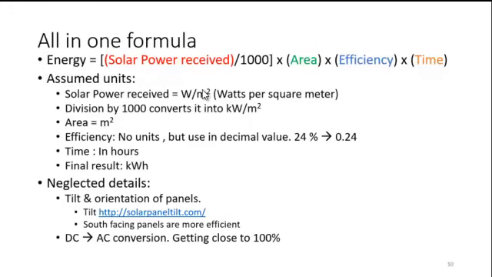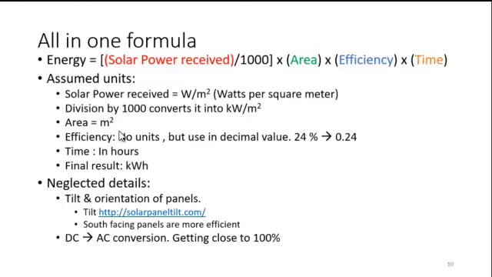What's assumed about the units is that the solar power received by the panel is going to be in watts per square meter. That's usually the unit that's provided. And if it's the case, then we need to convert that into kilowatts per square meter. So remember, that's the factor 1,000 in here. We need to know the surface area of the panel. That should be in square meters as well.